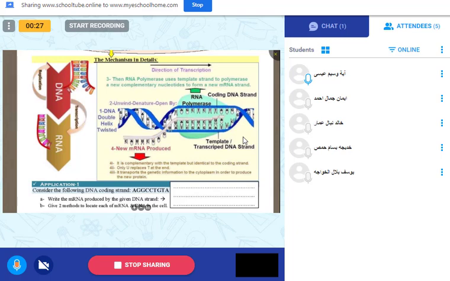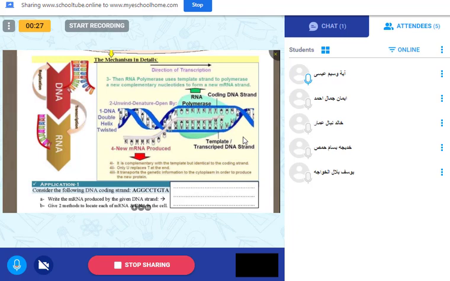Now Aya, compare the messenger RNA with the coding strand. Look at the coding. In the messenger RNA the first letter is what? A. In the coding it is also A. G, C. I am comparing it with the one above. Okay, so I can see that they are the same.